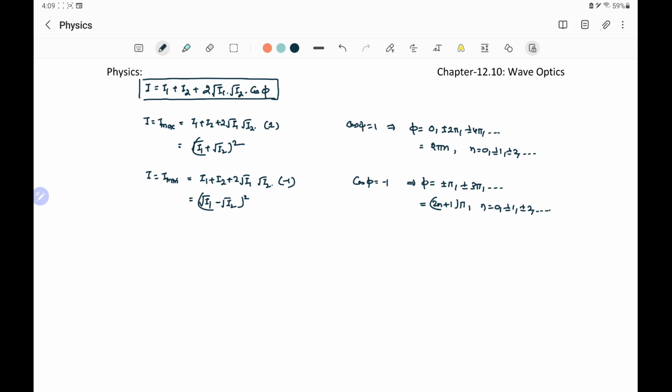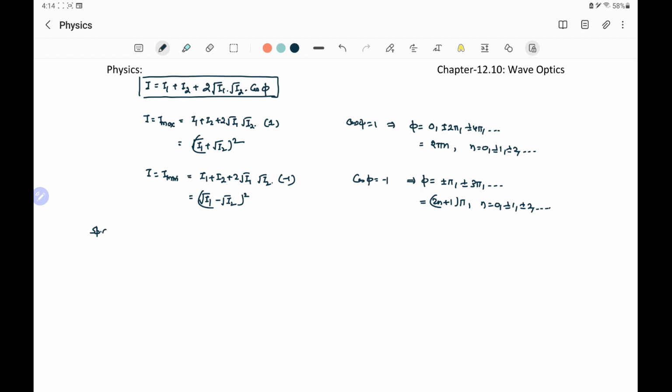Now we take a special case in which the amplitudes of both waves are equal, and because amplitudes are equal, their intensities will also be equal. So a special case is that A1 equal to A2. So waves are Y1 equal to A cos omega t and Y2 equal to A cos (omega t plus phi).